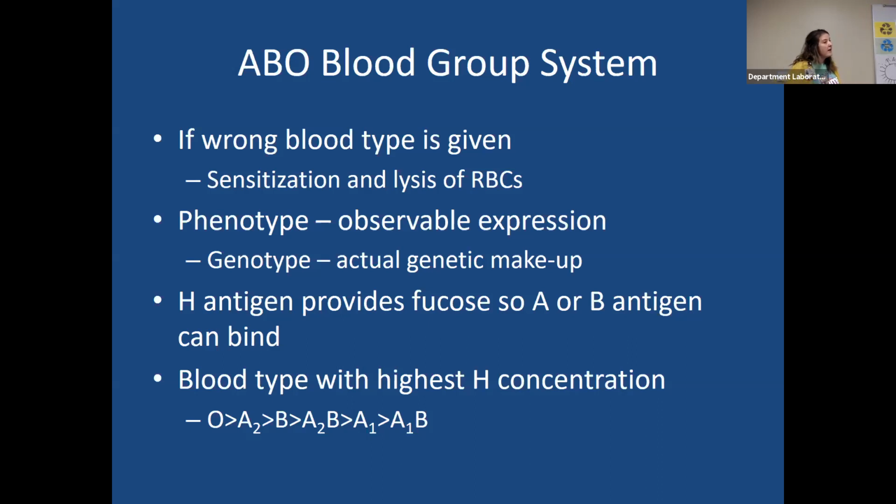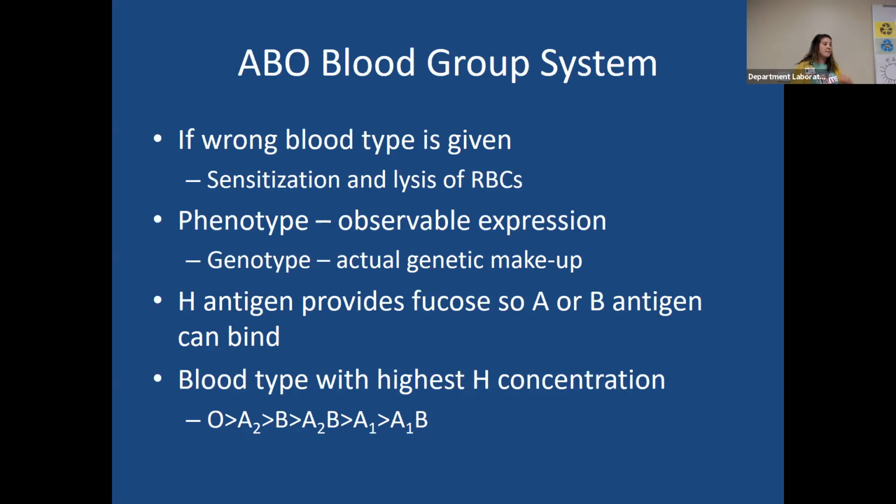With that being said, depending on what blood type you are will determine the amount of H being produced, okay? So remember, as the L-fucose sugar is added on, then if you're type A, the N-acetylgalactosamine is added on, if you're B, the D-galactose is added on, that masks your L-fucose, okay?